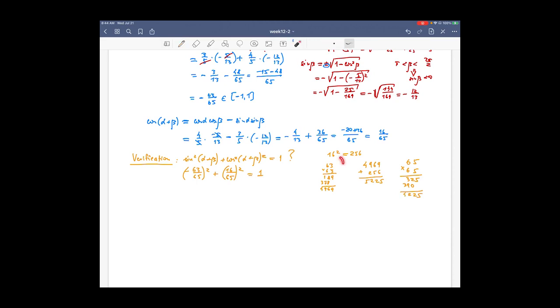All right, let's check this computation. And so we do get 4225 in both cases, so this identity checks. That was very important.